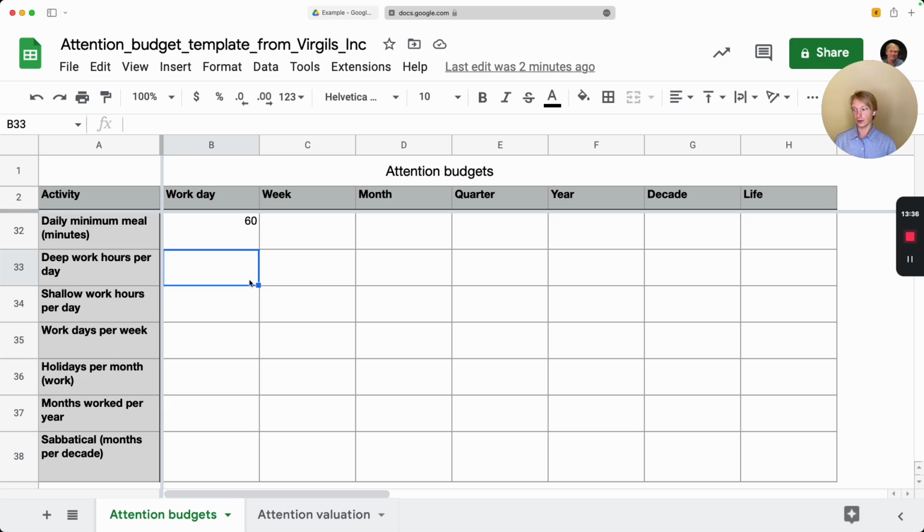The research seems to show that the number of, quote, deep work hours that you have per day maxes out around 4. Some people may be able to push it to around 5, but it's really 4. So this is your highest quality, hyper-focused attention.